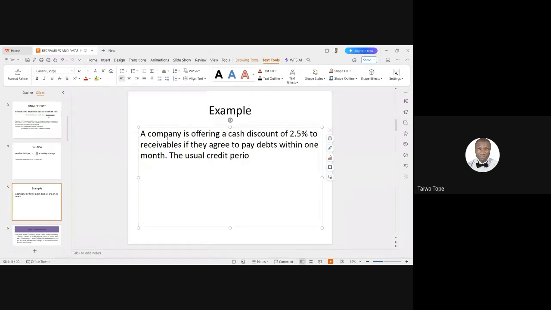The usual credit period taken is 3 months.